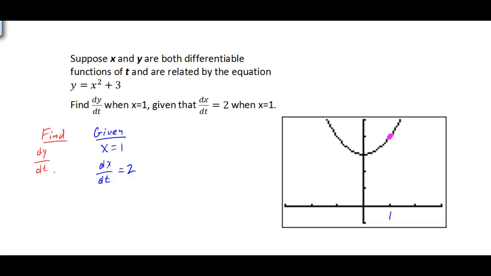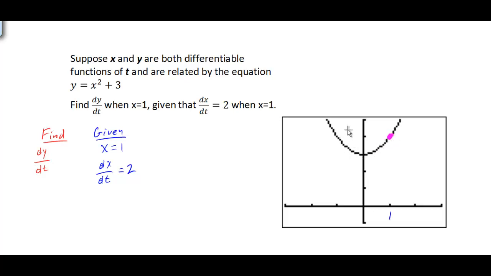to find dy dt. And we have our sketch over here, and we can see that we're looking for when x is 1. If we think of this point on the parabola at x equals 1, we want to know what's happening to the rate of change here.